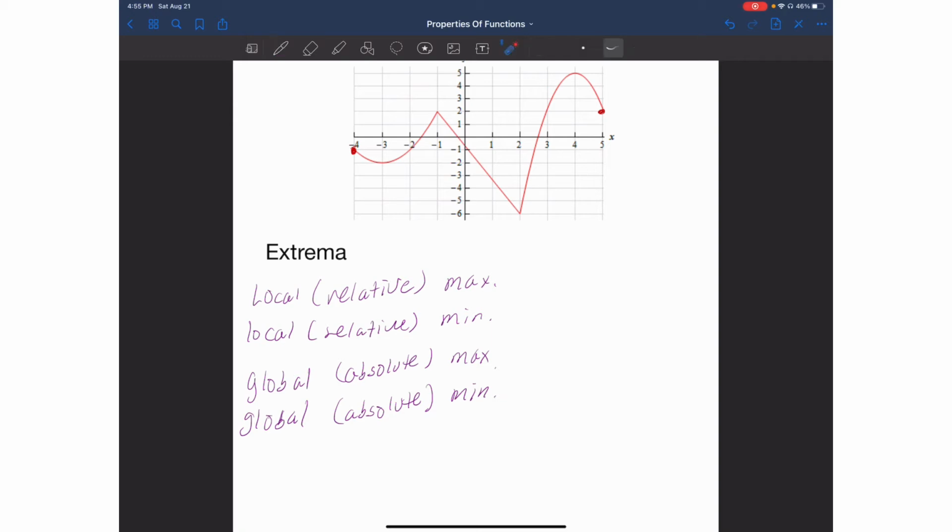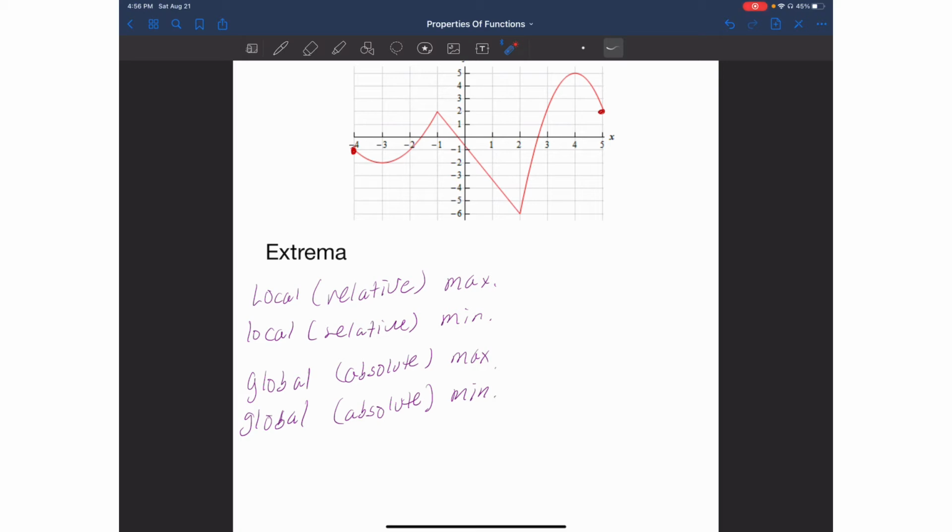So what does the word local mean? Like your local store. So local means around the area. So that's what local maximum is going to be. It's going to be the maximum number around the area. Same thing for minimum. We're going to have our local minimum or relative minimum, and that's going to be the lowest value around the area.